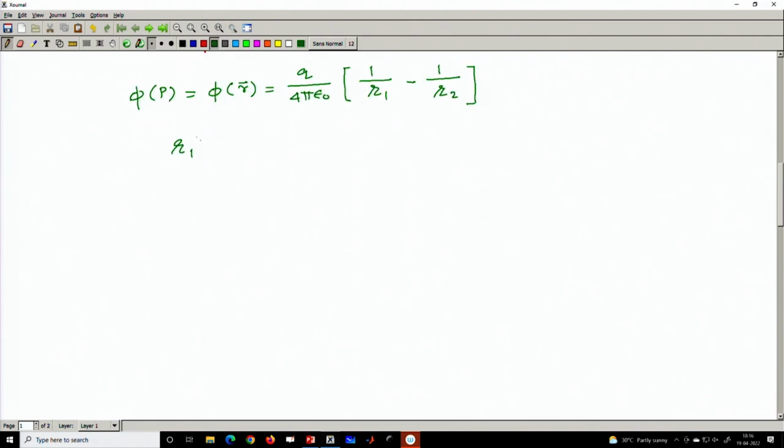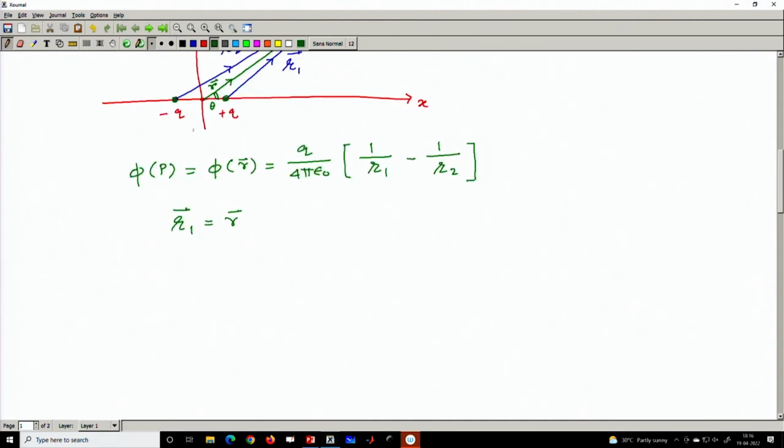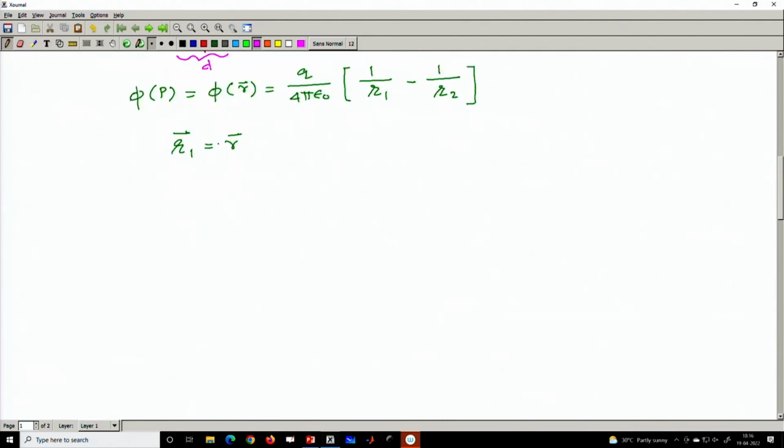So, vector R1 is simply the R vector, and in order to write properly, I need to define the length between these two dipole charges, and that is d. d is the separation between these charge points.